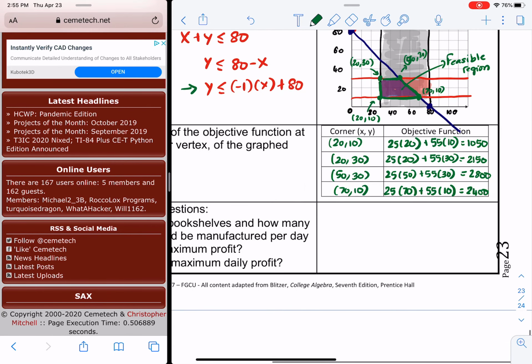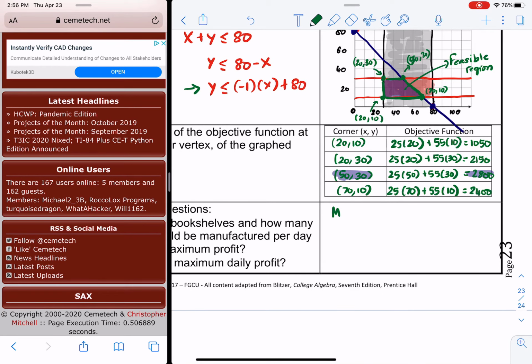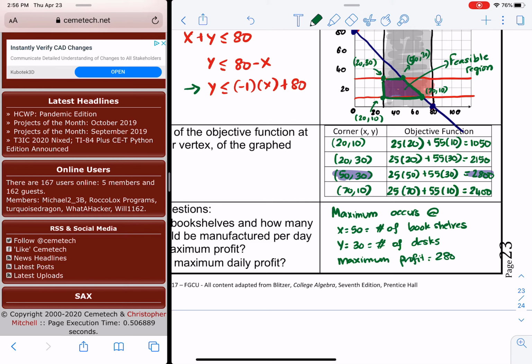So where does the maximum happen? The maximum happens at the corner point 50, 30, and the amount is 2,800. And the maximum profit is 2,800.